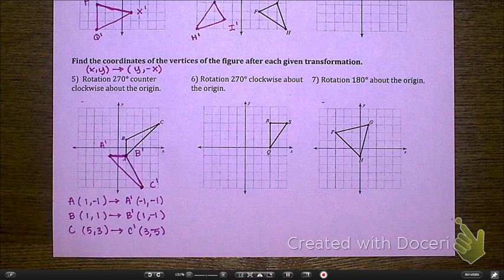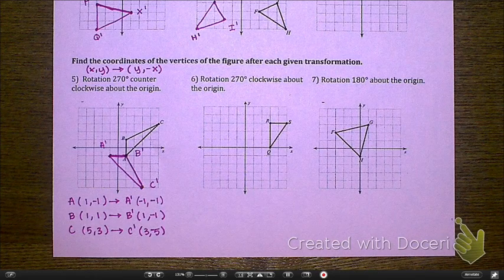Then you can check and see, did it end up in the right spot? Does that make sense?